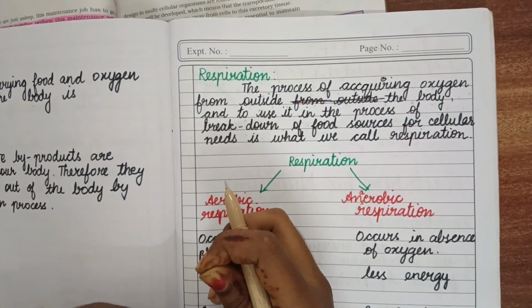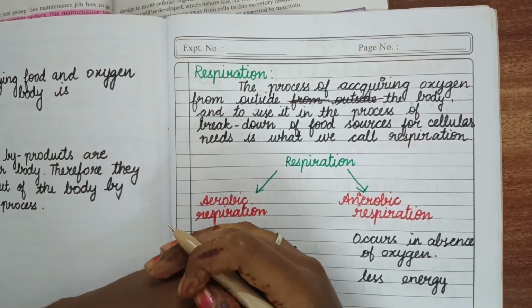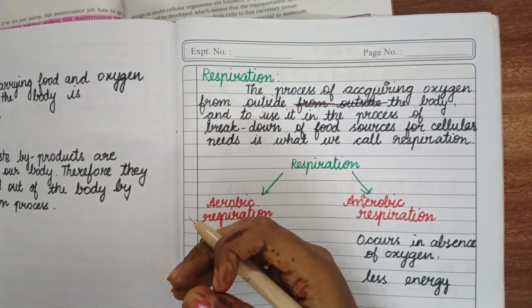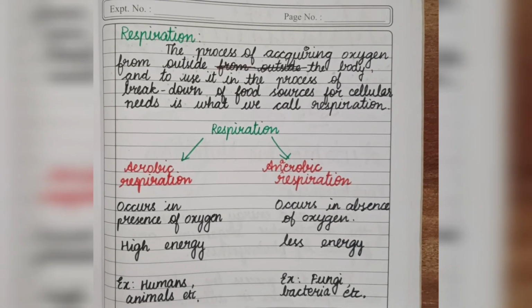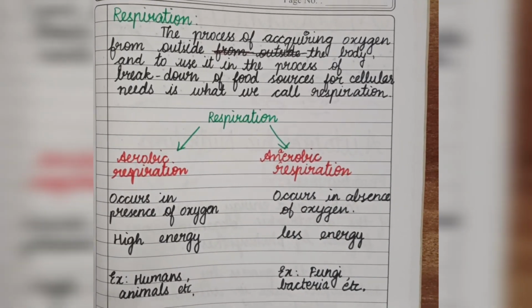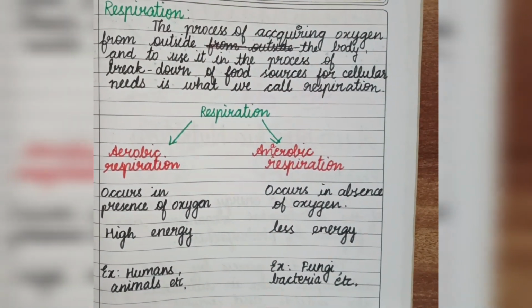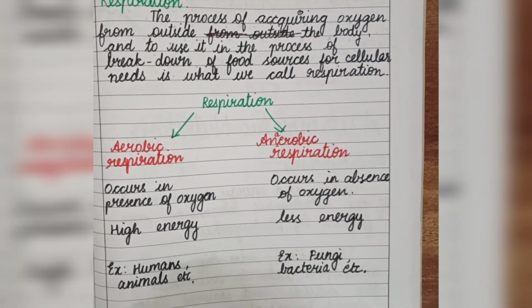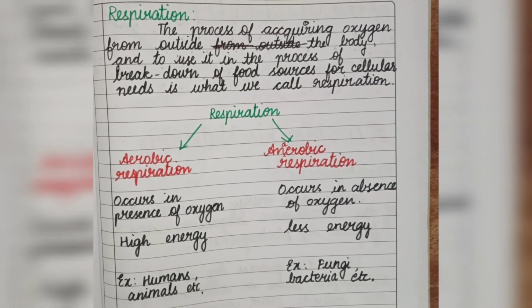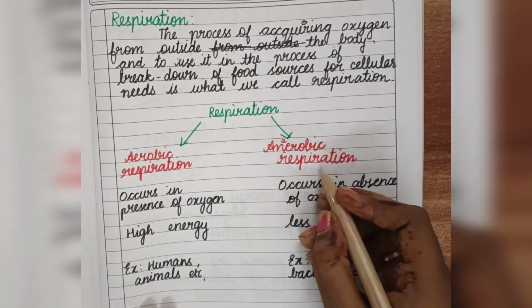This oxygen helps in breaking down the food molecules and for cellular needs. From where do we acquire oxygen? Plants release oxygen and we release carbon dioxide, right? So we acquire oxygen from outside the body, which is the outside environment, and we use it for breaking down the food and cellular needs. There are two types of respiration, aerobic respiration and anaerobic respiration.